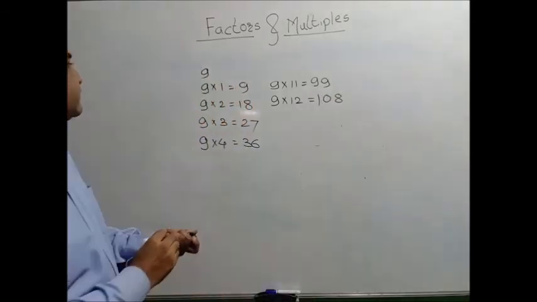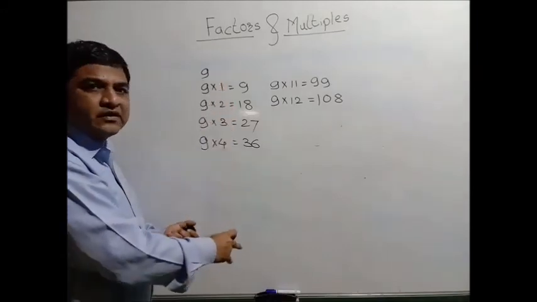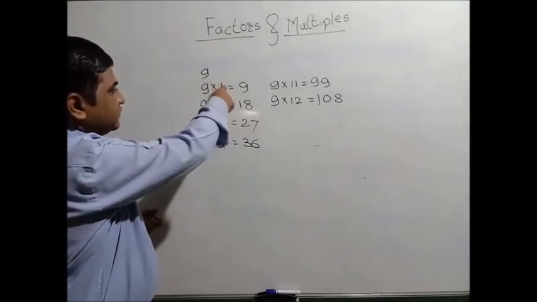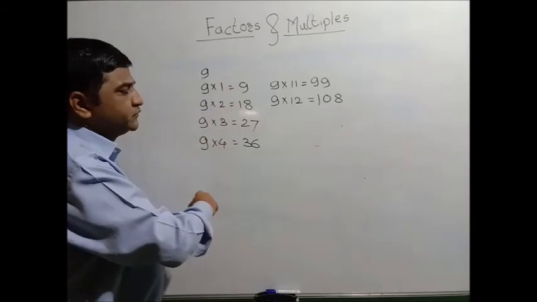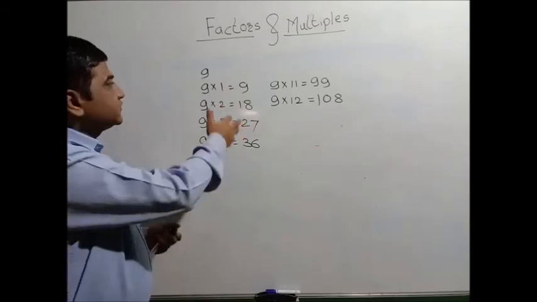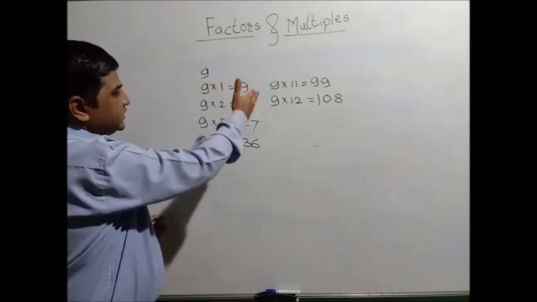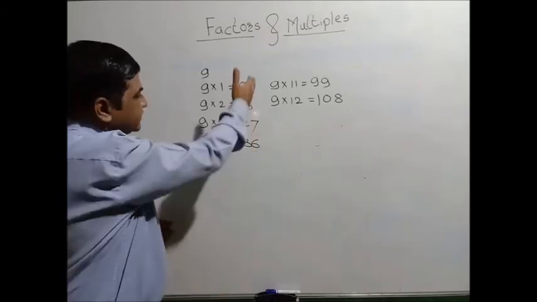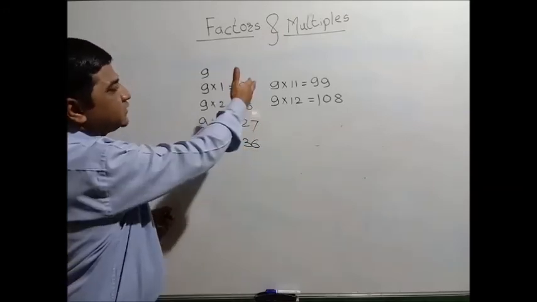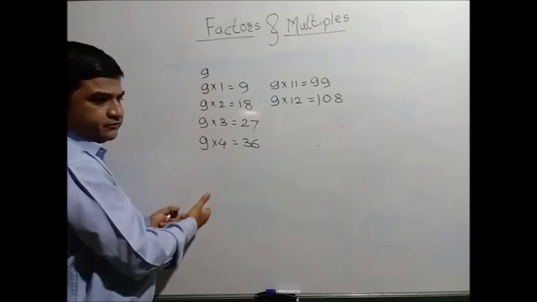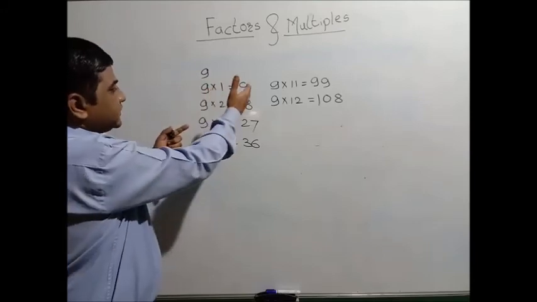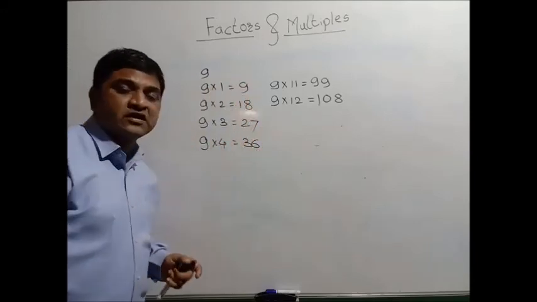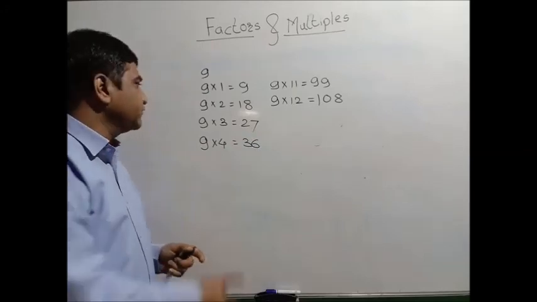So we find that when a number is multiplied by any other number, for example 1, 2, 3, 4, and so on, we will get the answers 9, 18, 27, 36. These are known as the products, or directly as the multiples of 9. So 9, 18, 27 and 36 are the first 4 multiples of 9.